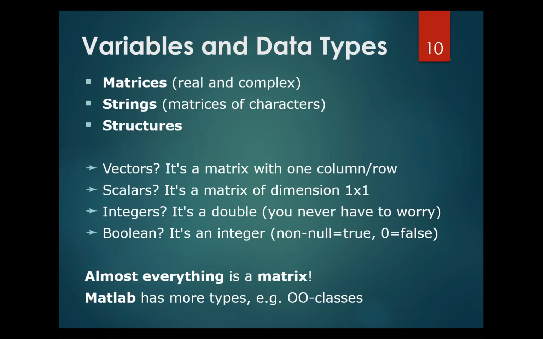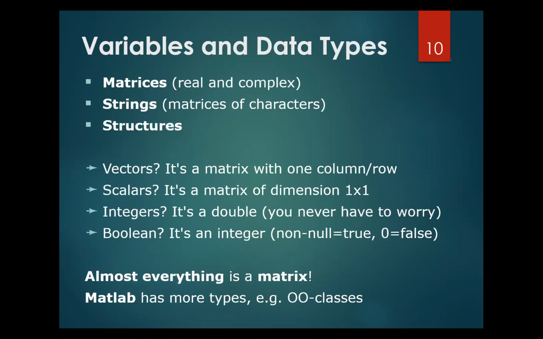You can check it out. So everything is in the form of a matrix. A vector is a matrix, that is a column or a row of a matrix. Then a scalar is also a matrix. It's just a matrix of one by one dimension, one row, one column.